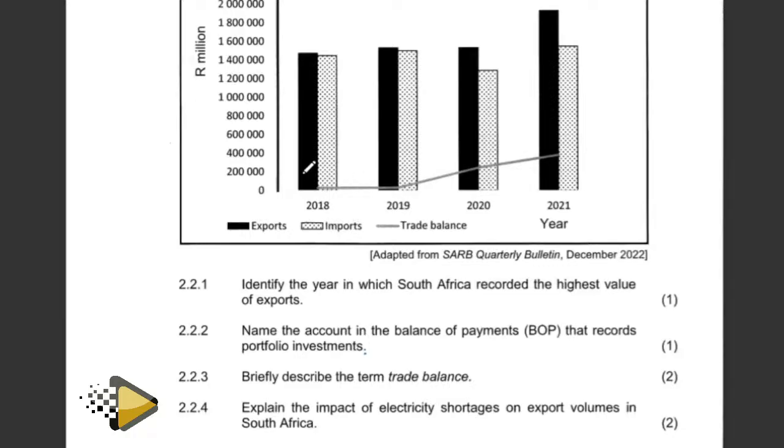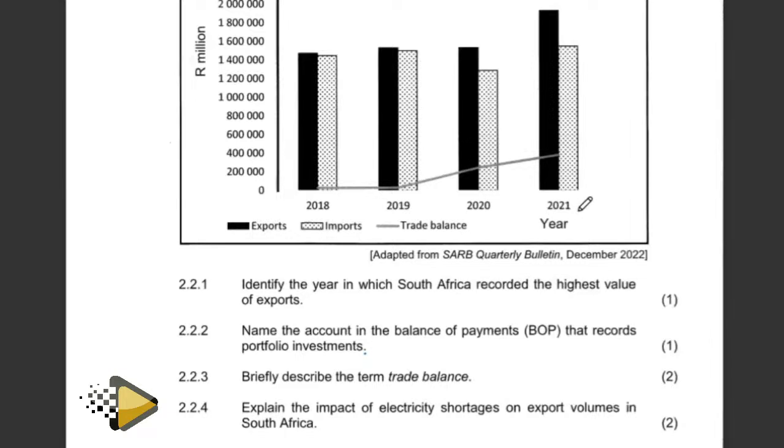So it means that this represents our exports, and this represents our imports for 2018, and also for 2019 we have the number of exports, as well as the number of imports.